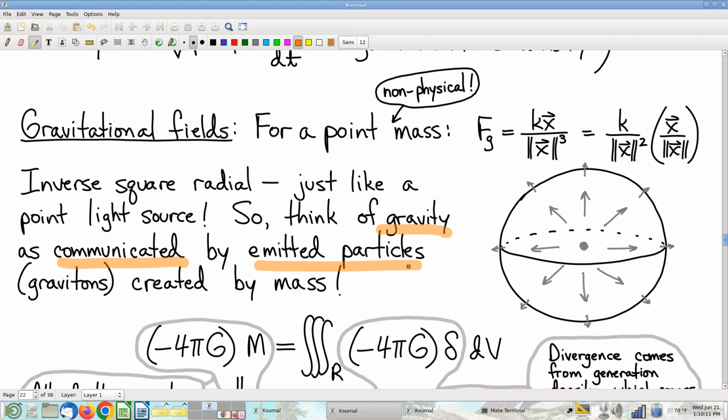But none of that matters to what we're doing. The point here is that whether it's true or not, gravity certainly behaves as if it's communicated by little emitted particles, kind of like light bulbs emitting photons. And these little particles are called gravitons.